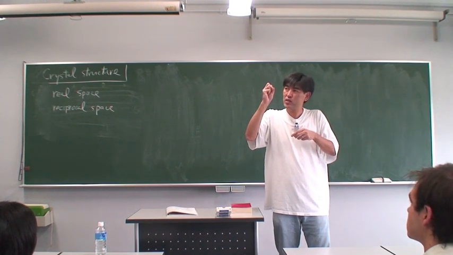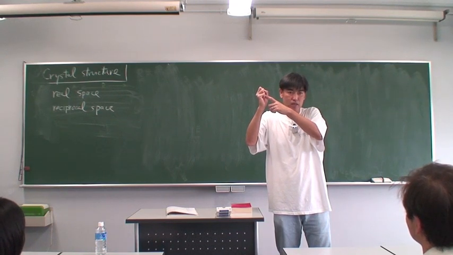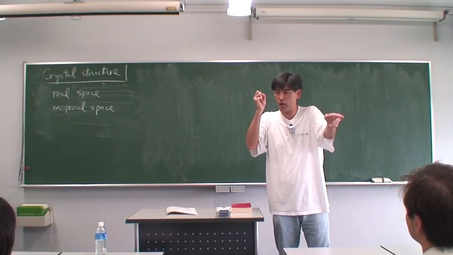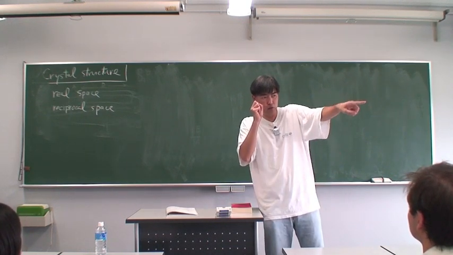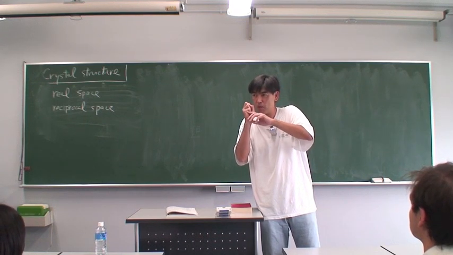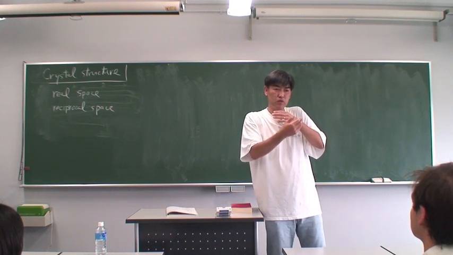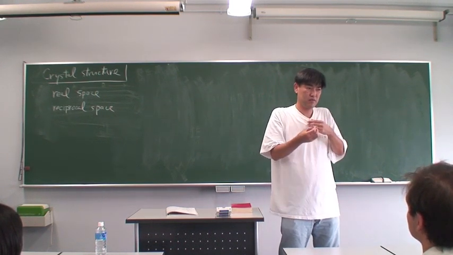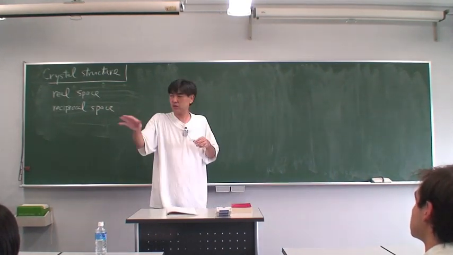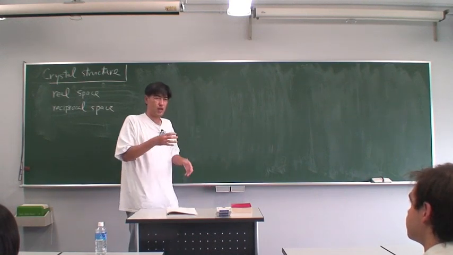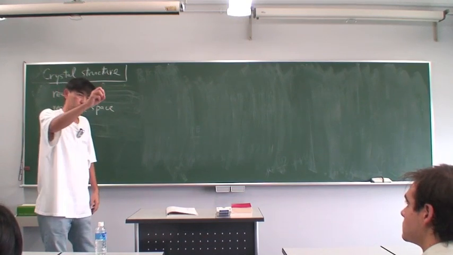And then once I know here is a point where I get strong intensity, and if I know the wavelength everybody is emitting, then I can find out that everybody is probably at distances that are integer multiples of the wavelength, right? So this way I can find out where each of you are. So this is how we try to look between real space and the reciprocal space.